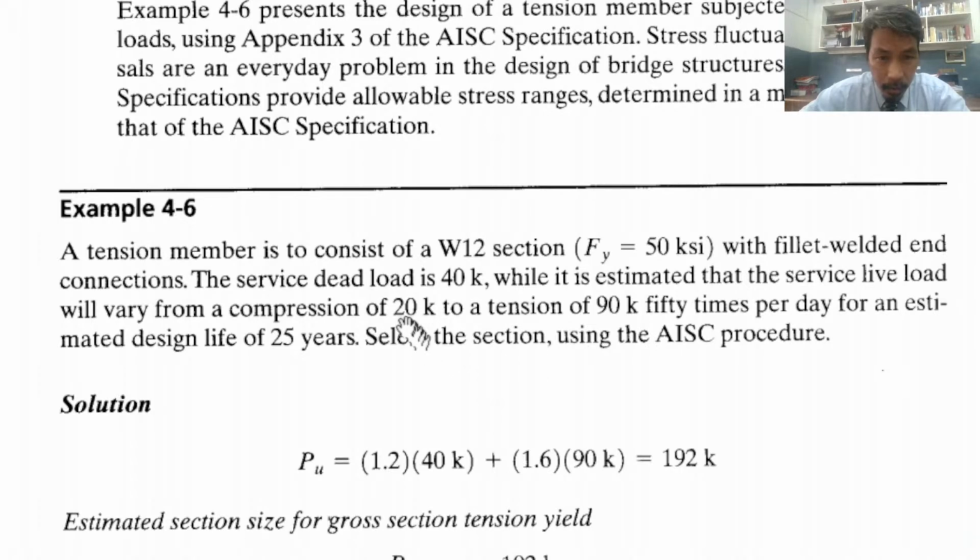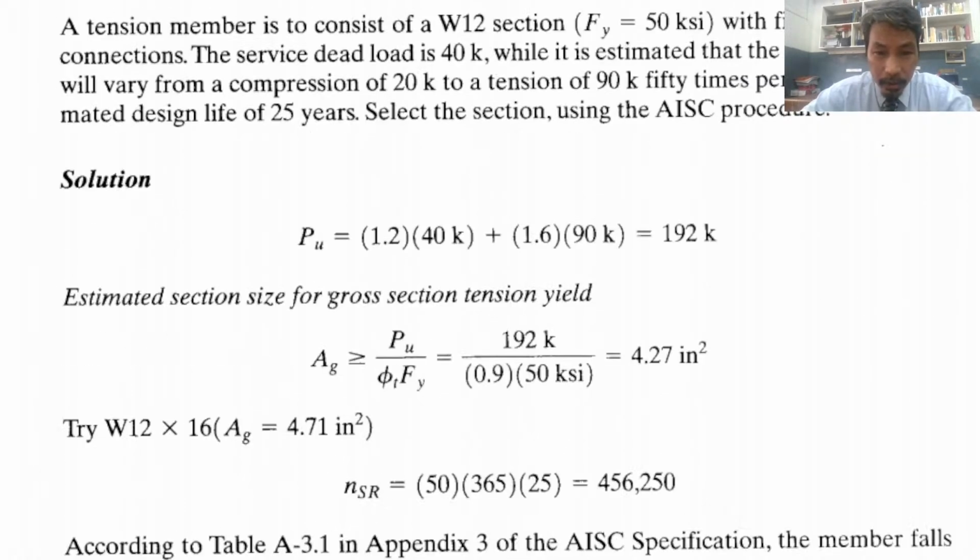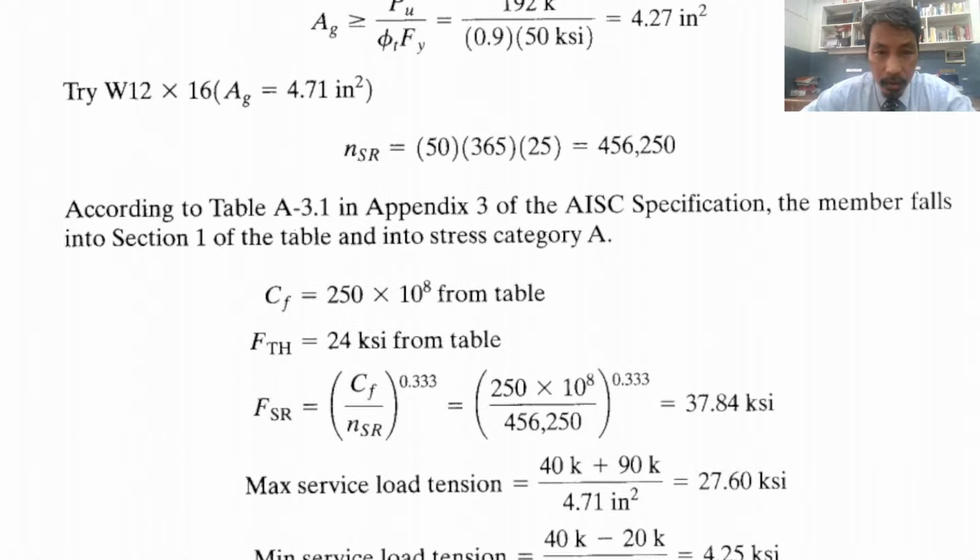That is how we do it. 25 years, 50 times per day. So this is the estimated periodic change in load variation. That's why we have this 50.